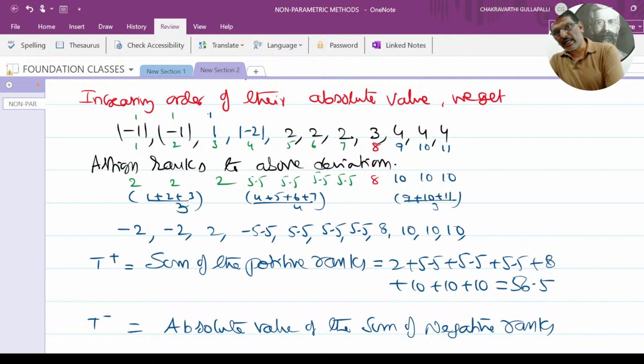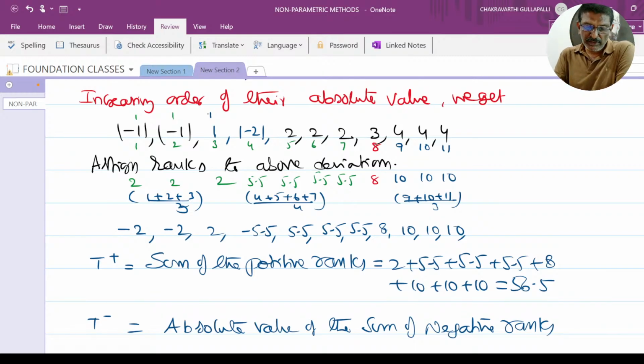How to assign the ranks? This was already explained in the correlation concept, the Spearman's rank correlation chapter. Based on that procedure, assign the first rank to the least number, the next rank to the next least number, and likewise complete the ranks for all deviations.